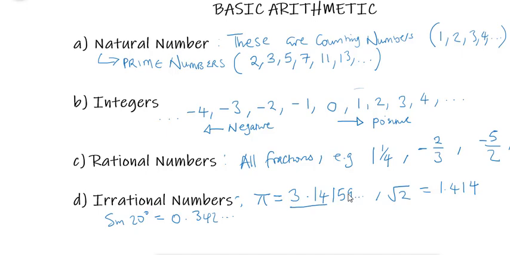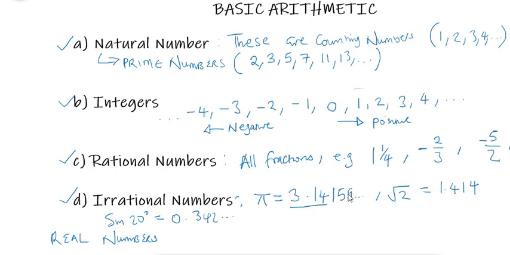All the above numbers that we have described, that is the natural numbers, the integers, the rational numbers, and also the irrational numbers, are described as real numbers, and they completely fill the number line.